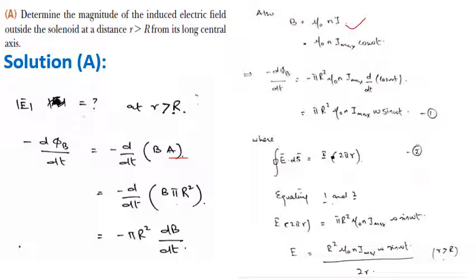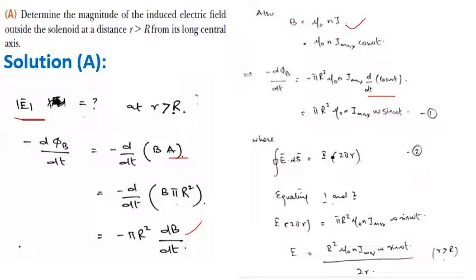So, putting the value of B over here, we will be differentiating cos of omega t with respect to t, and the value that we'll get is pi r squared mu naught n I maximum omega sine of omega t.